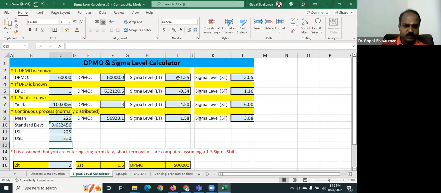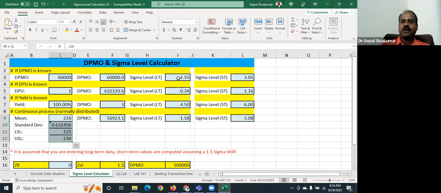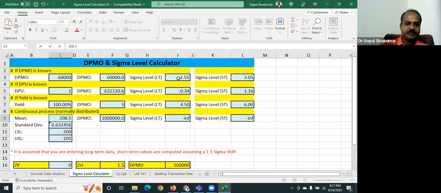And now there is one more format where you can actually declare USL and LSL. Let me say USL is 200, LSL is 205. And process average is, let me say, 208.5. And process standard deviation, let me say this is 0.25.